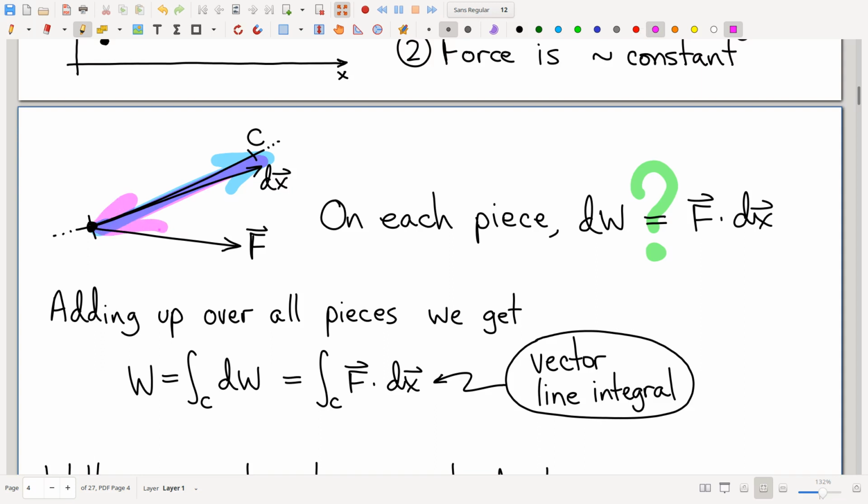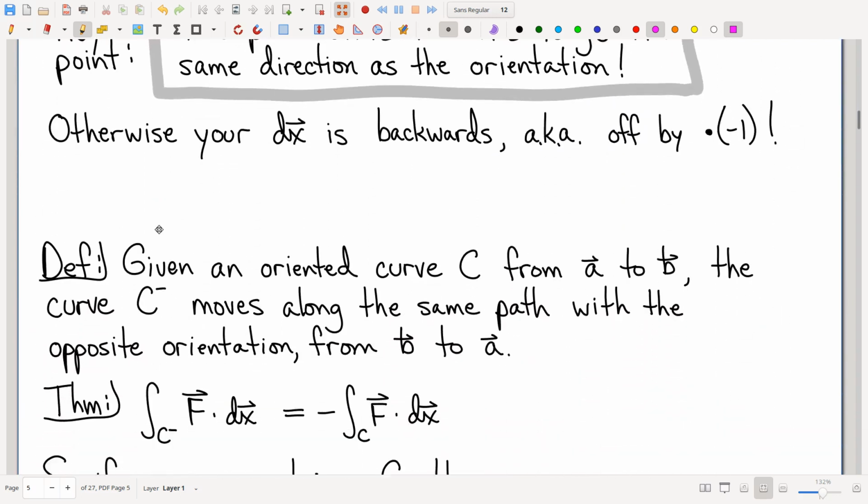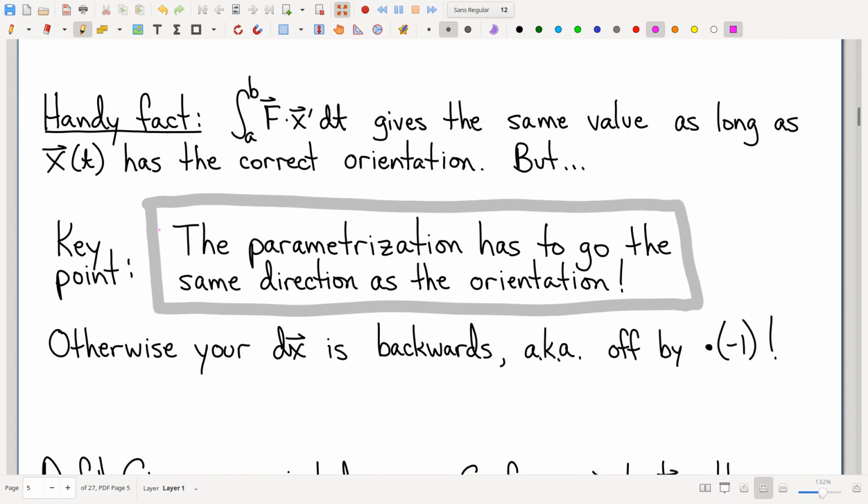My dx vector would be the exact negative of what it should have been, which means that my dw will be the exact negative of what it should have been. Therefore, there will be an extra factor of -1 in every single term in this summation, which means the answer I get will be the exact negative of what I should have gotten. So that's a nice little punchline here. If you parameterize backwards, you'll just be off by a factor of -1.